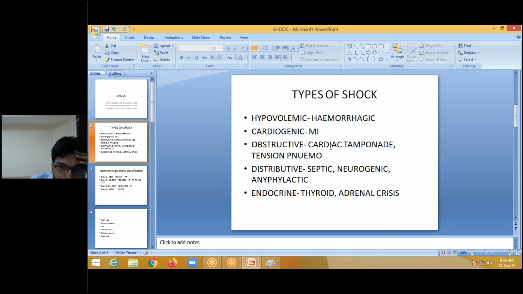Due to cardiac tamponade, which is a collection of fluid around the heart, compression of the heart will occur and shock will happen. And distributive is caused by loss of vasomotor control resulting in arterial and vascular dilation, characterized by increased cardiac output and decreased SVR. In all other shocks, cardiac output will decrease. The only shock where cardiac output will increase is distributive shock.